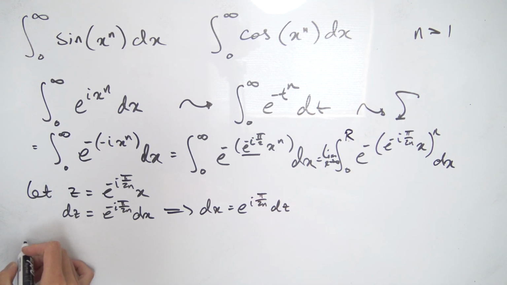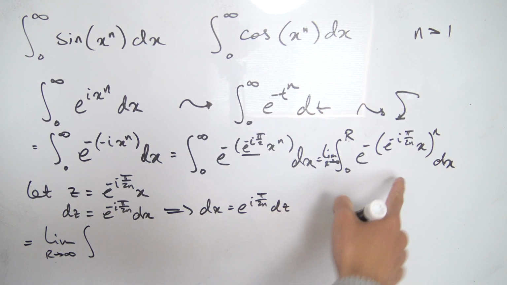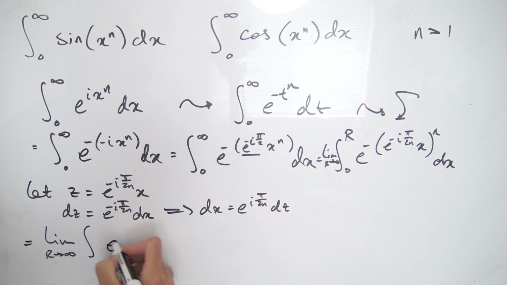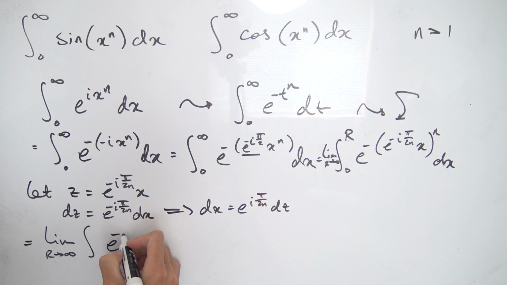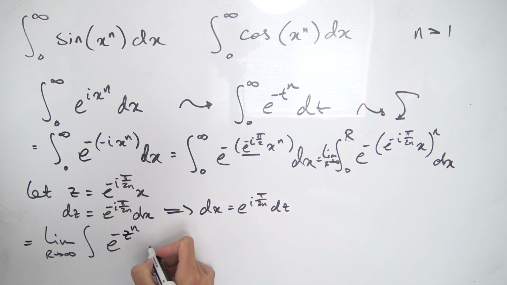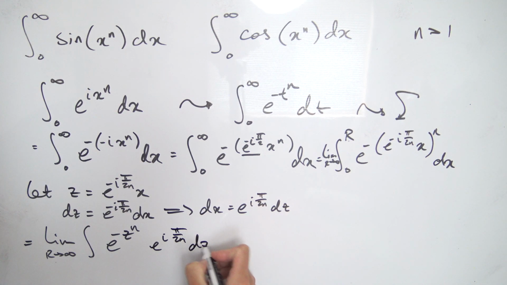So now we have this integral is equal to the limit as r approaches infinity, and we'll worry about the bounds later on. Let's worry about the integrand first. So now we have e to the minus, and this whole thing we substituted for z, so e to the minus z to the n, and then dx becomes e to the i pi over 2n times dz.